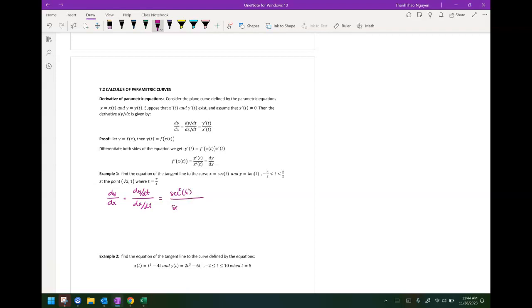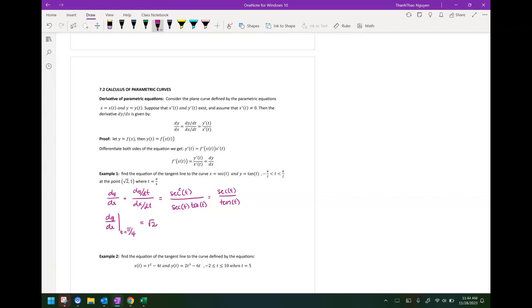The derivative of secant is secant of t times tangent of t. Simplify this, we get secant of t divided by tangent of t. We will evaluate this derivative at pi over 4. So we get this equal to square root of 2.